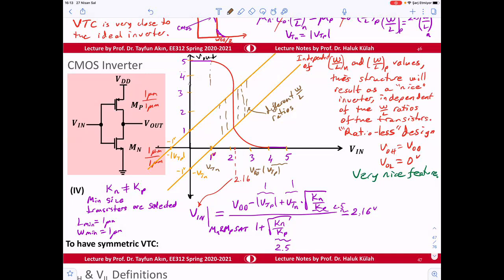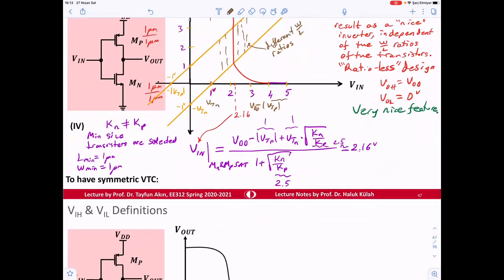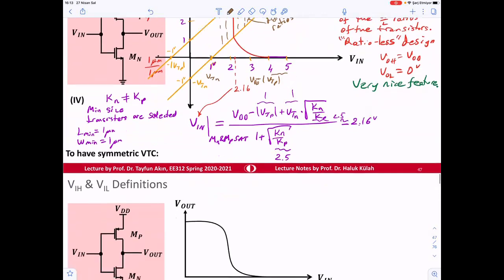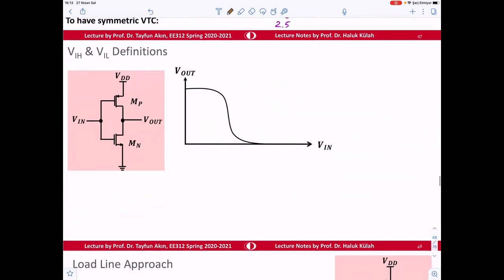Okay, so CMOS is very nice. Even for minimum size transistors, this will work. Input high, input low definitions we have already done. So this will be the slope.